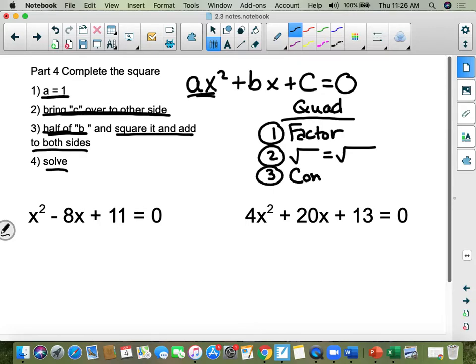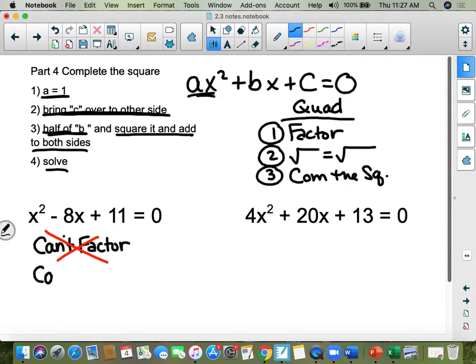Completing the square. Okay, so in this problem right here, x squared minus 8x plus 11, you can't factor anyway. There are no factors of 11 that will give you a negative 8 in the middle, so you can't do it by factoring.